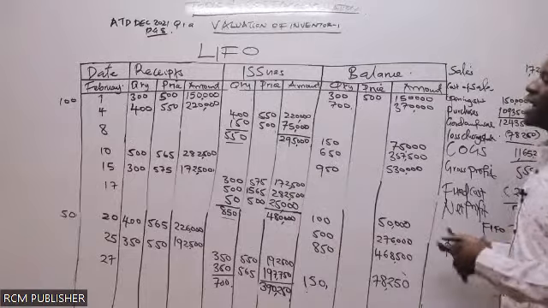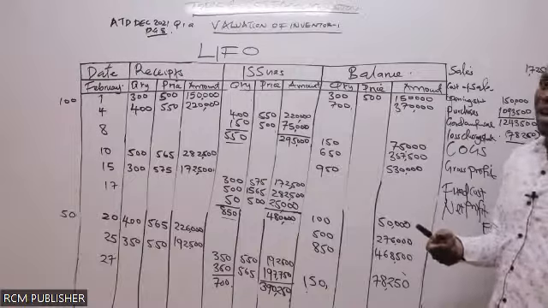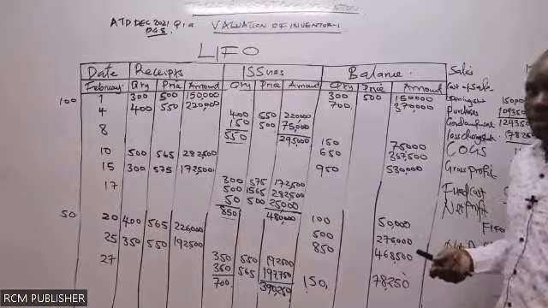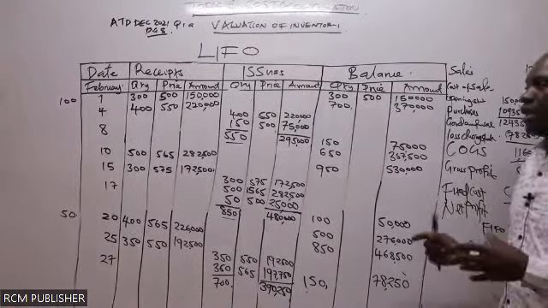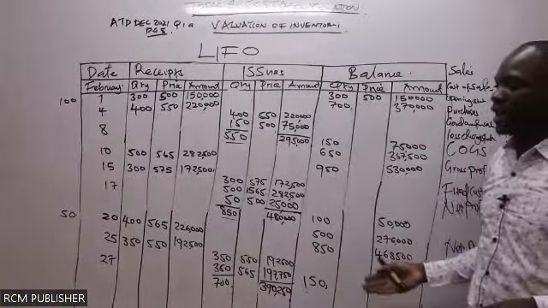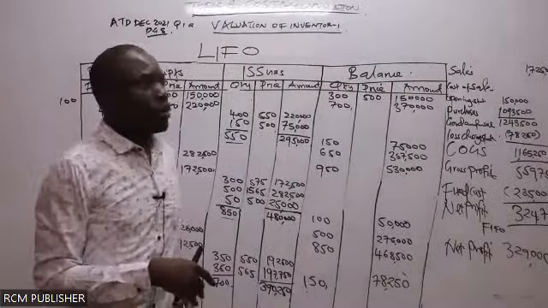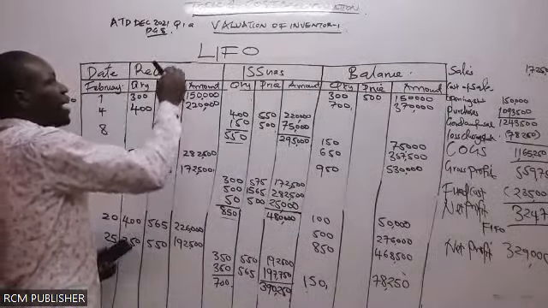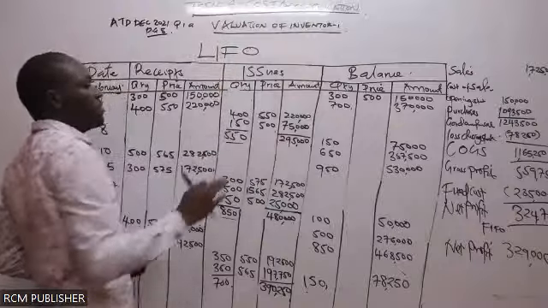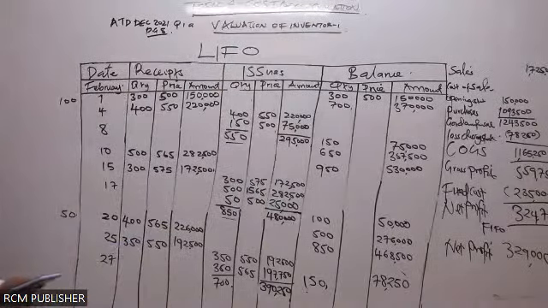Have these estimates and see if you are still able to follow that correctly. If you get everything correctly, just know very well that these are some of the free marks that are waiting for you. That is what you are supposed to do under valuation of inventory.